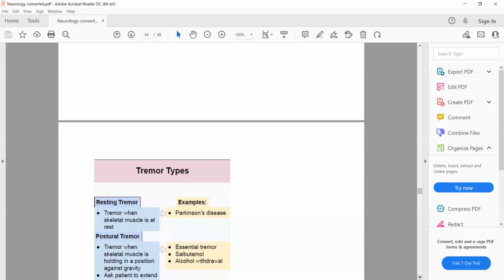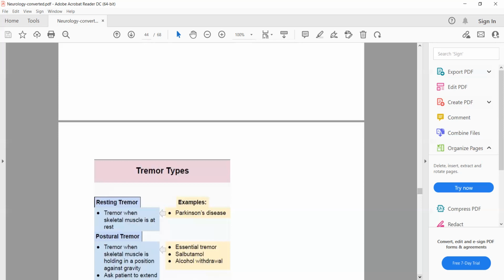Similarly, in case of alcohol withdrawal or in case of liver disease, there is a tremor which is called flapping tremor. If you ask the patient to hold out his arm in midair against gravity and you flex his wrist, then the tremor will be evident.